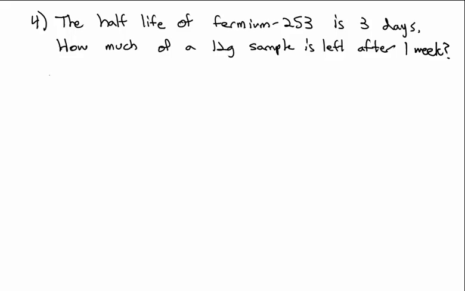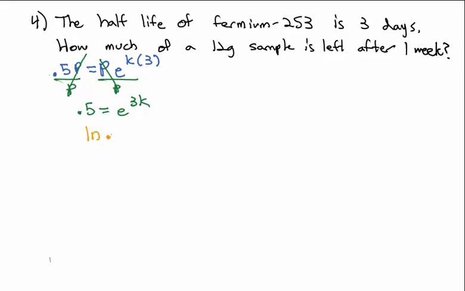The first question we're going to have to attempt to solve is, what is the decay constant that's going to correspond with a 3-day half-life? So if we start with P, it's going to decay away to half of P, or 0.5 P, when multiplied by e to the kt. The amount of time it takes to go from P to half of P is 3 days. Divide both sides by P to get 0.5 equals e to the 3k.